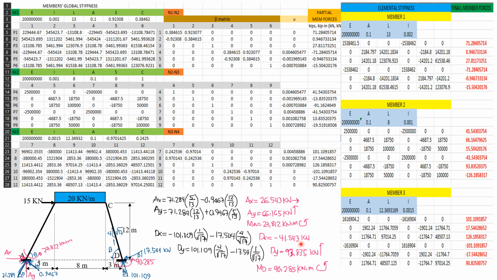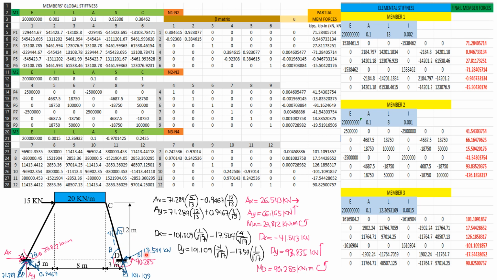And it is also equal to AX plus 15. 26.541 plus 15 is 41.543 but leftward. So that checks.